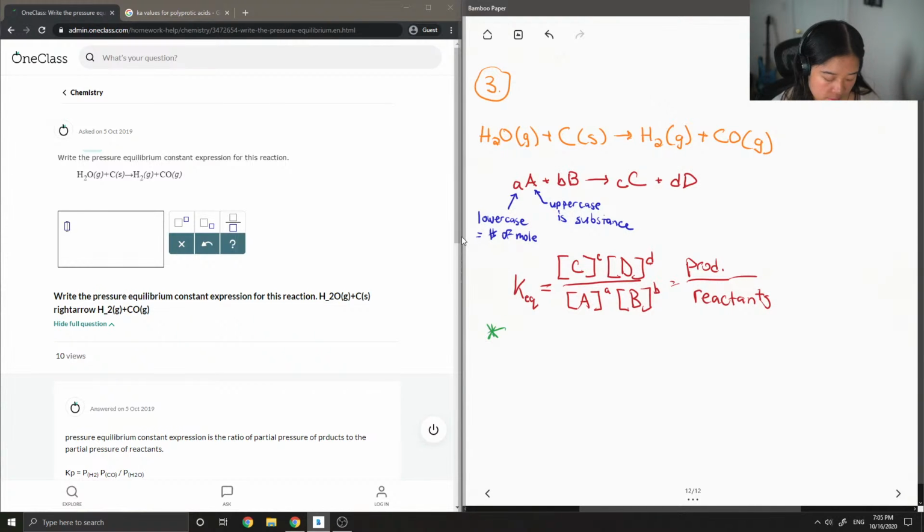And then let me just write out that these are raised to the power of their respective coefficients. So in our case, everything has just 1 mole of it.